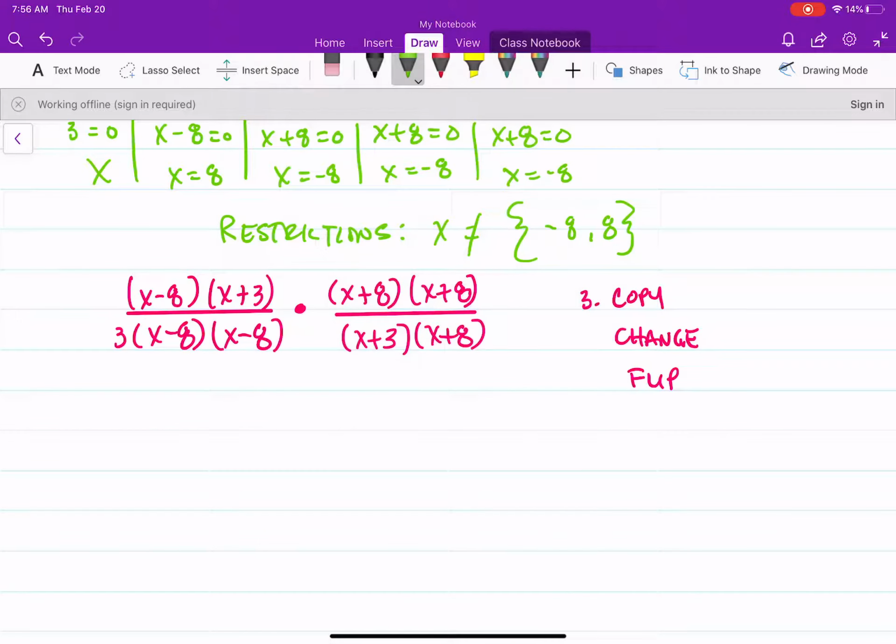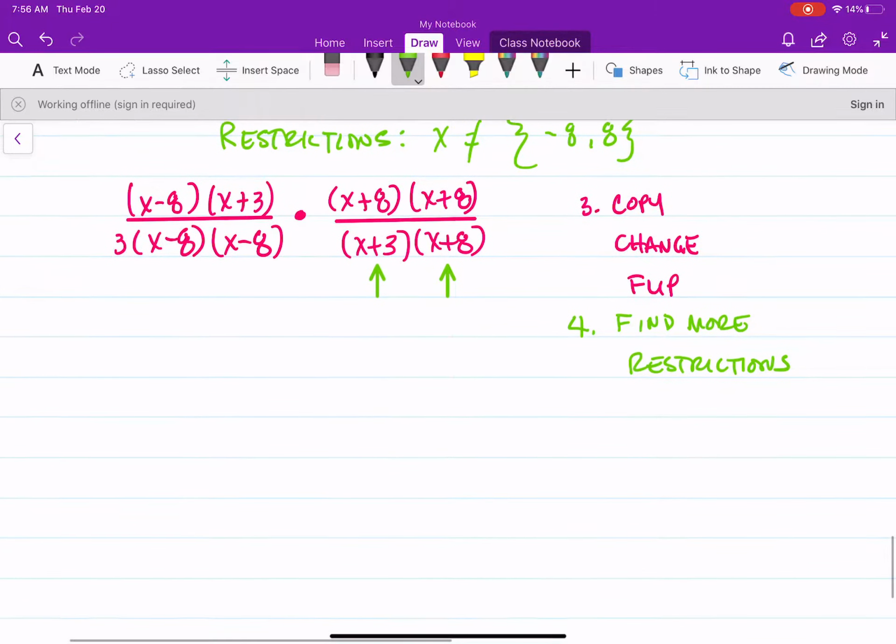Step 4 was to find more restrictions. So if you notice that this and this are both the new denominators that are added to this, so we'll just set x plus 3 equals 0 and x plus 8 equals 0.